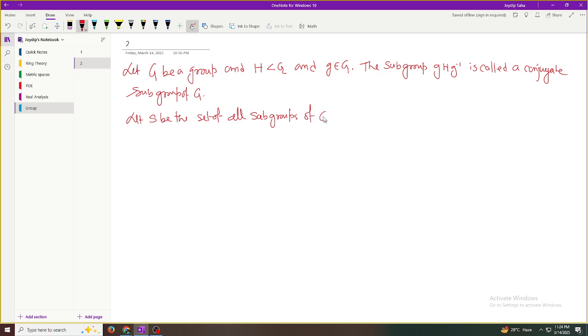Now I define G acts on S by (g, H) goes to gHg inverse.